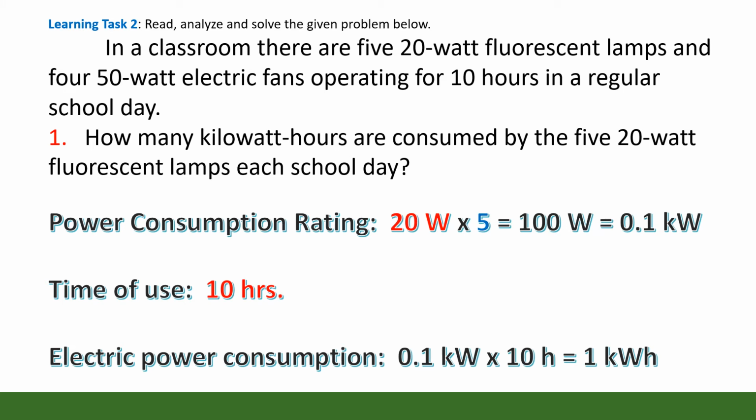Kasi nga, for every 1,000 watts, there is 1 kilowatt. And obvious that in the problem, the given time ay 10 hours. Therefore, our electric power consumption then is 0.1 kilowatt times 10 hours. That gives us 1 kilowatt hour. And that is our answer.